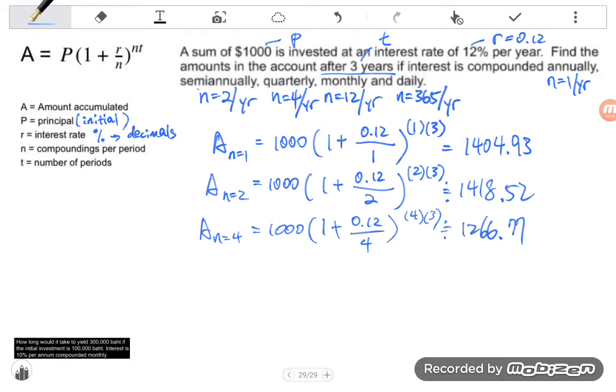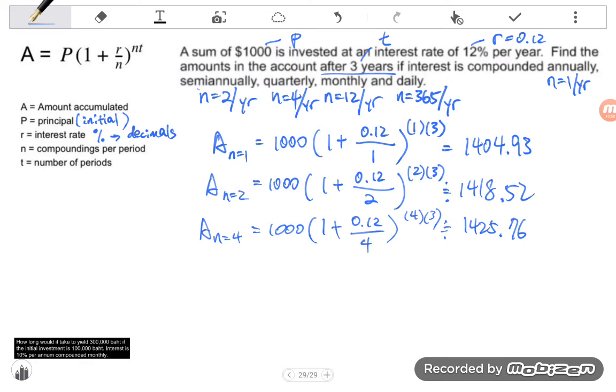Something's wrong, I think. The money is becoming smaller. How come? Oh wait, I did something wrong with the calculator. Sorry, my bad. It's actually 1425.76. So we have more, and that makes sense, right?